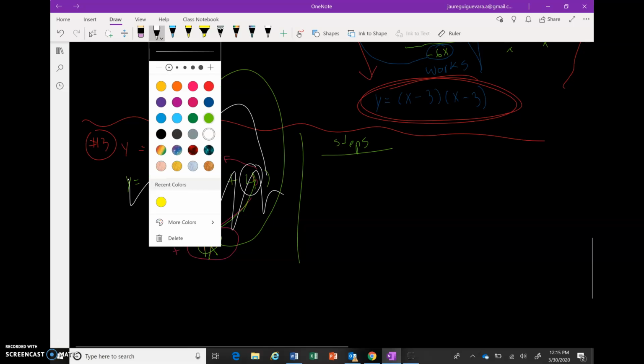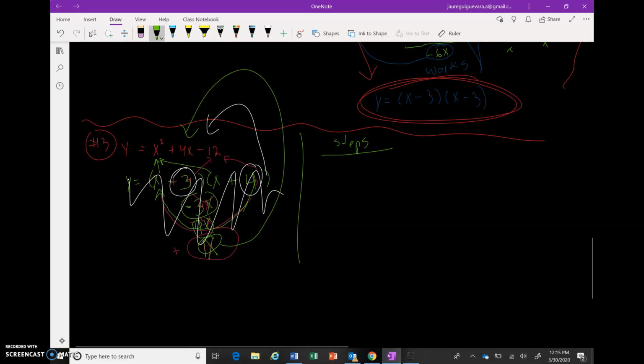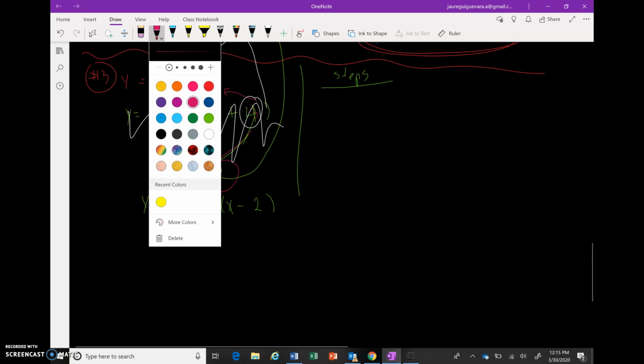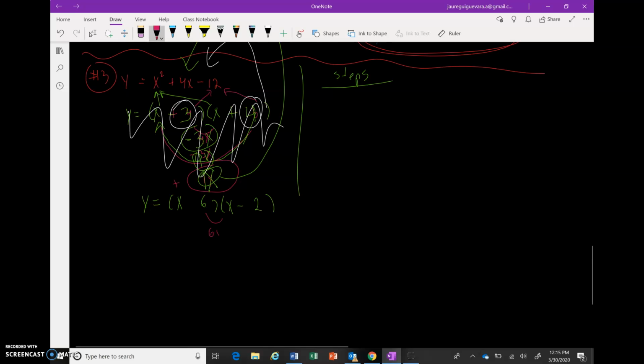So we're going to go back to the drawing board and think of another two numbers that when you multiply them together give you 12. Thinking off the top of my head, 6 and 2 work, right? 6 times 2 is 12. So let's make one of them negative. I'll make this one negative for right now. If I do this, this gives you 6x, and then negative 2 times x gives you negative 2x.